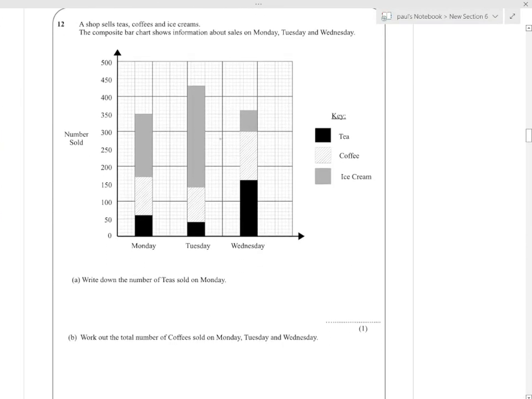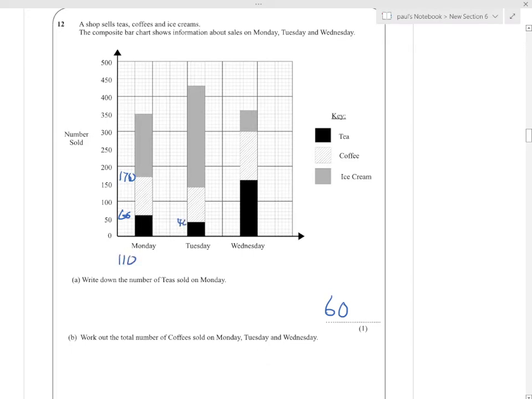A shop sells tea, coffee and ice cream. Write down the number of teas sold on Monday. Tea is a black one, Monday is that one, and these are 60, 70, 80, 90, 100. Write down the total number of coffees sold on Monday, Tuesday and Wednesday. So the coffee is a stripy one. Difficult to see, isn't it? 10, 20, 30, 40, 50, 60. That looks like 170. So one number take away the other is 110 on that day.